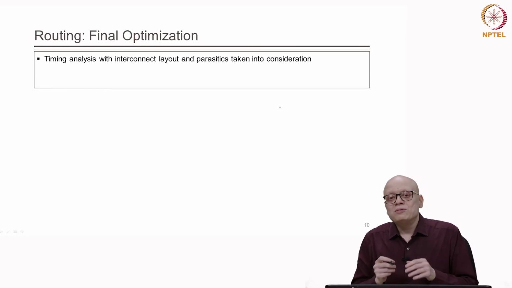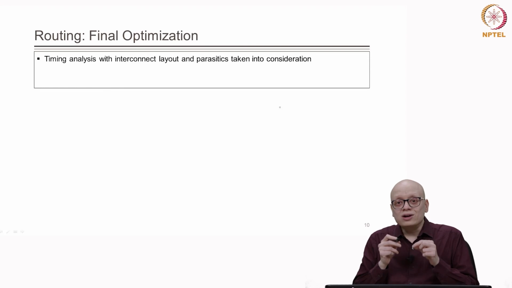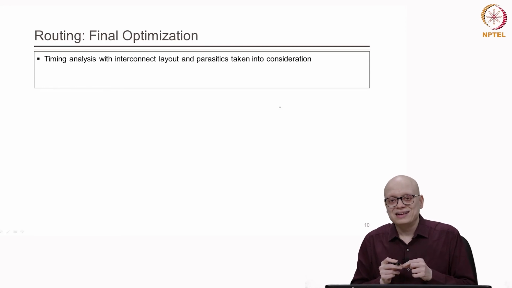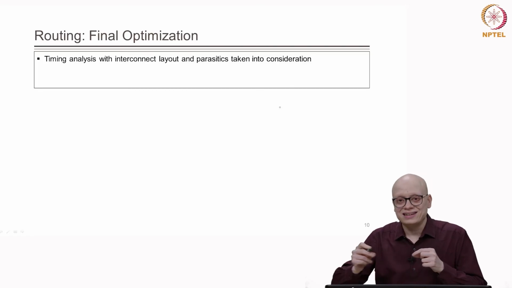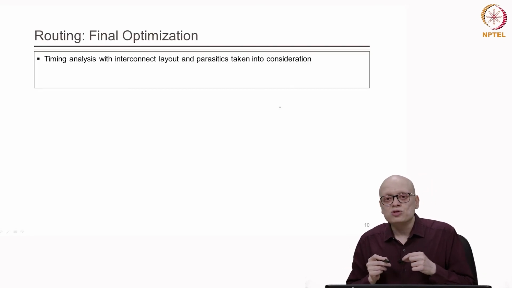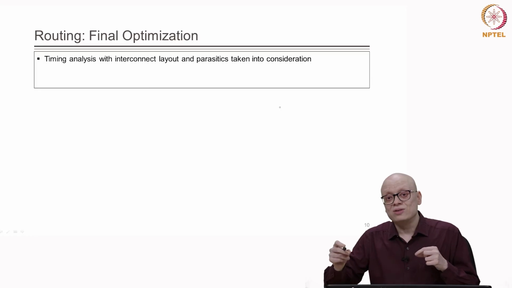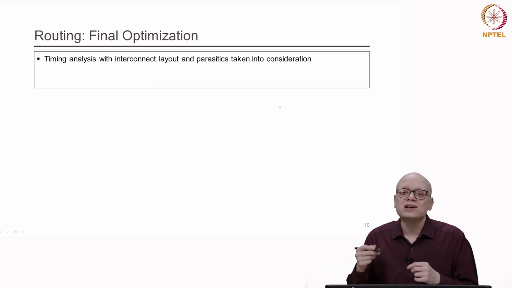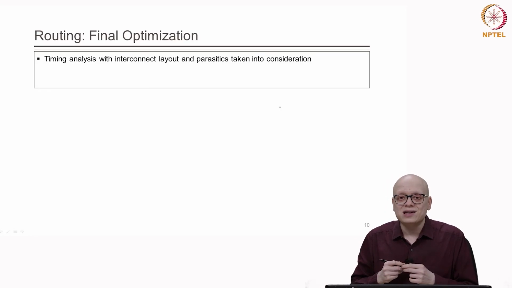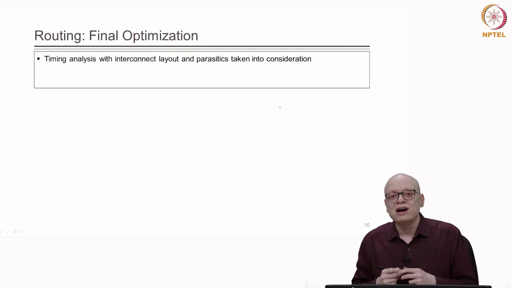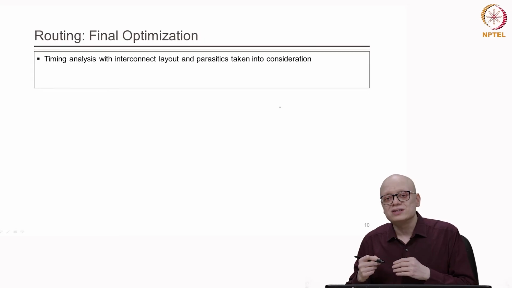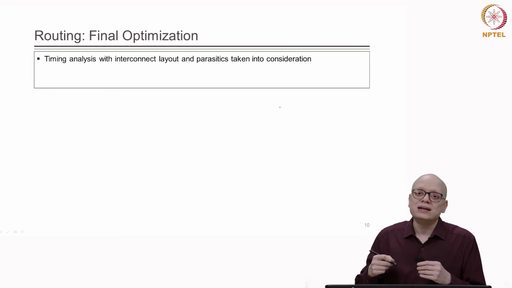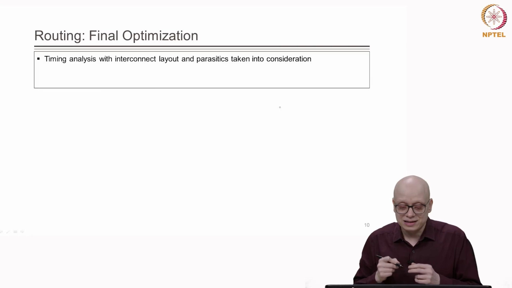Till the time we have not done the routing of the signals, we are just estimating what the interconnect delays could be. We do not even know the layout of the interconnects, and therefore, based on some heuristics and some assumptions of how the wire will look, the parasitics of interconnects are computed and delay is estimated.